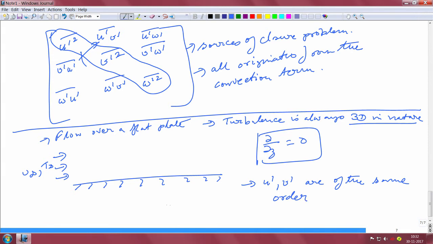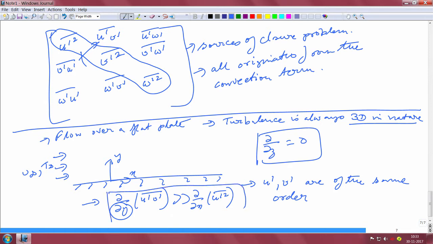Okay, are of the same order. And if you are there in the boundary layer region, that means your d by dy of u prime v prime bar is actually going to be much greater than d by dx of u prime square bar, right. This is from the boundary layer, because once again this is your y, this is your x, the same reason that y scales as delta, x scales as L, is the same logic over there. So, therefore, these terms, as we said that u prime v prime, this is of the same order as this term, right.